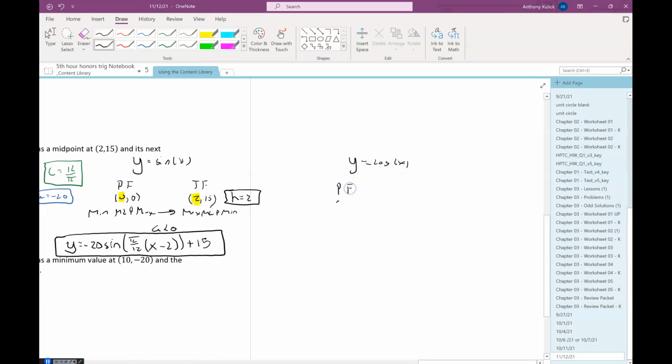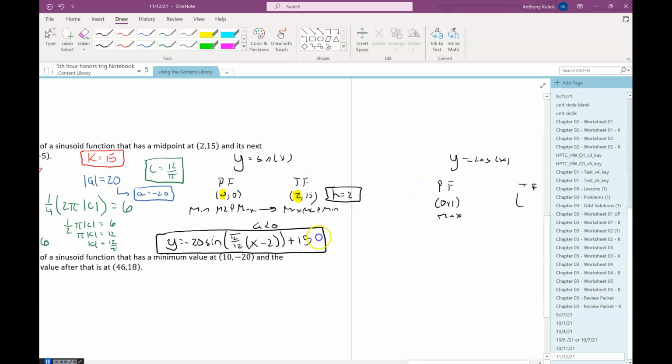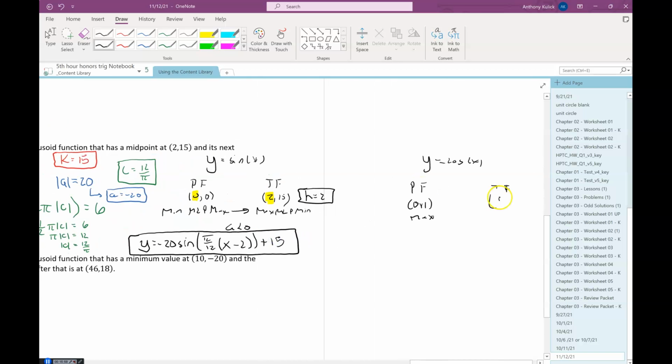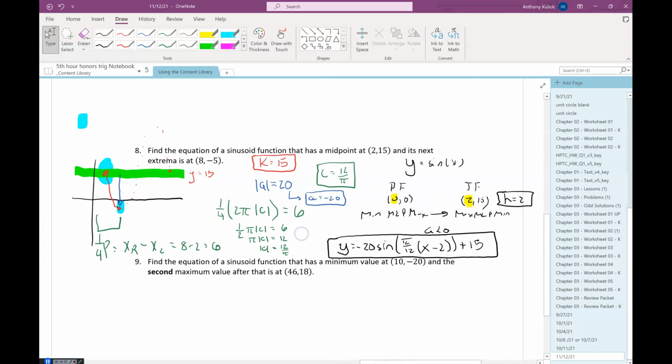So for cosine, from the parent function we're using (0, 1), which is a maximum. For my transformed function, I have to use the extreme point, which was (8, -5), and that was a minimum. Okay, so why did you use a negative 5 this time? Well, because I have to use an extreme point.